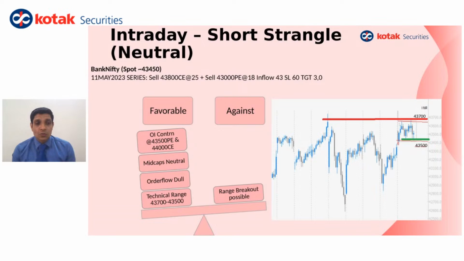So that 13 rupees was significant for an intraday trade, and we took a broad range, and we saw where the OI concentration was, and we also saw that even if the market had gone against us, it would probably go to a certain extent, maybe 300, 400 points, which happened today. But towards the end, it pulled up, and we were able to get out of the strategy at a profitable rate.